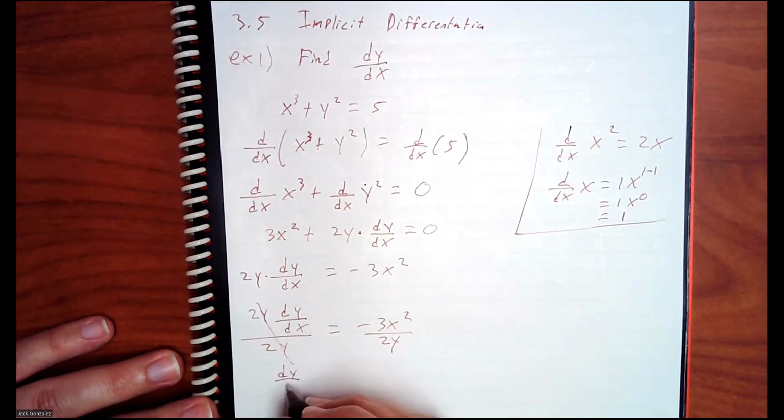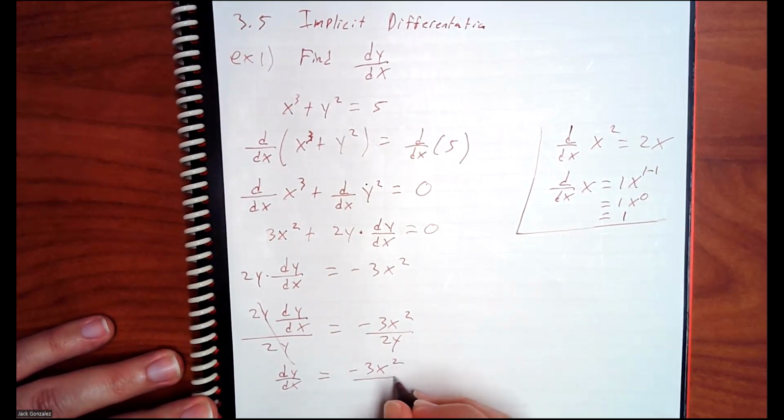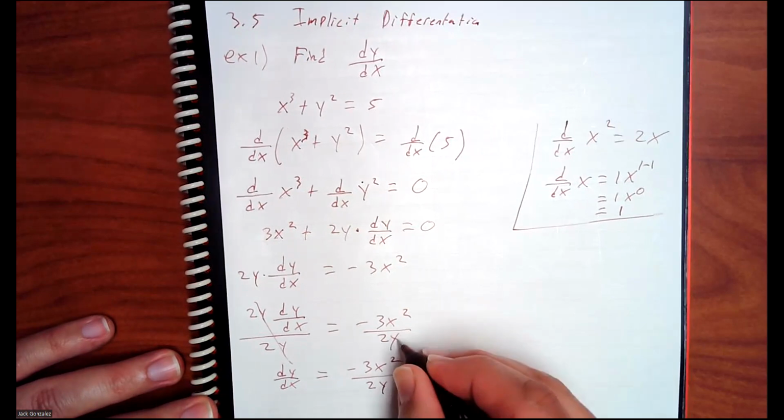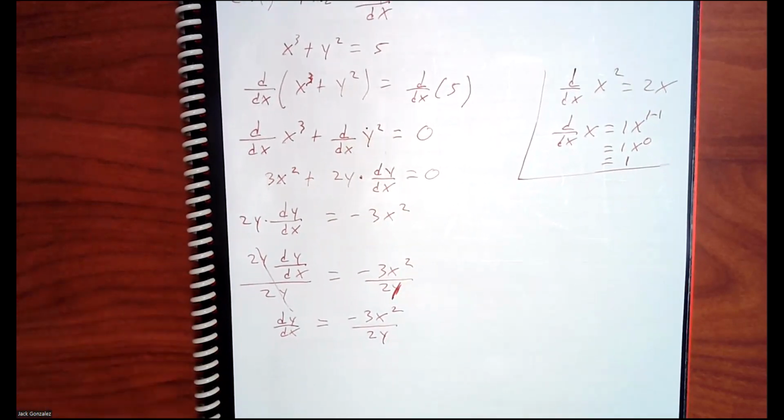So dy/dx equals this. So we found the derivative. But it's implicit. Any question on this example?